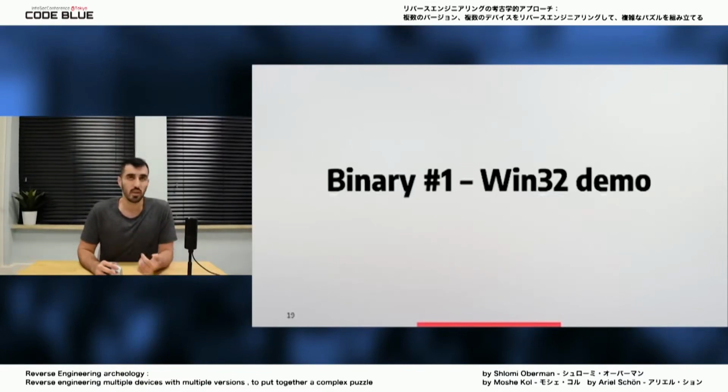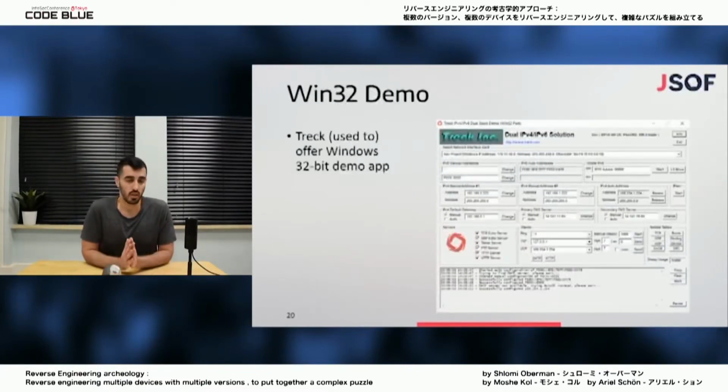So this is our first binary. Trek used to offer a Windows 32-bit demo app. I say used to because now they dropped this demo from the website, but you can still get it if you want.